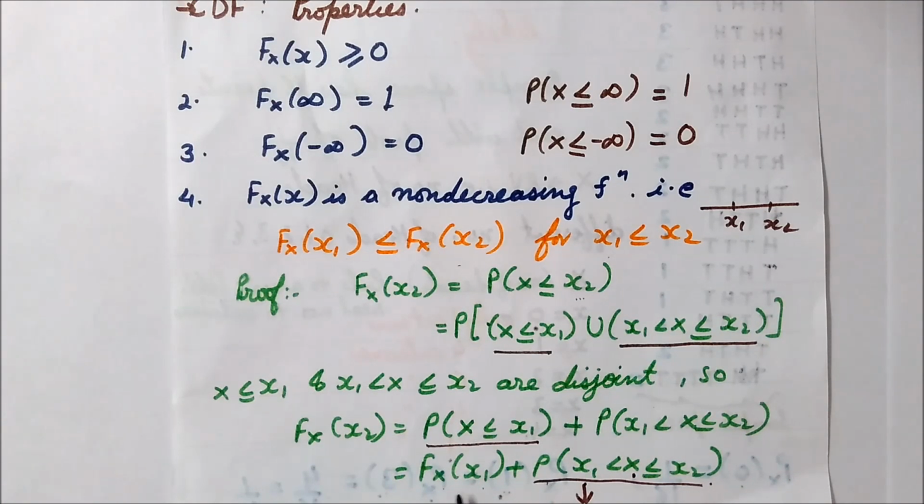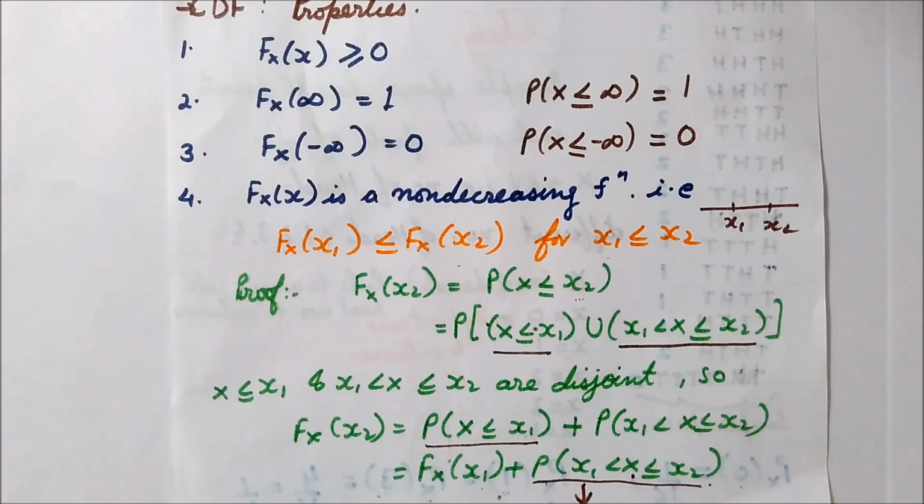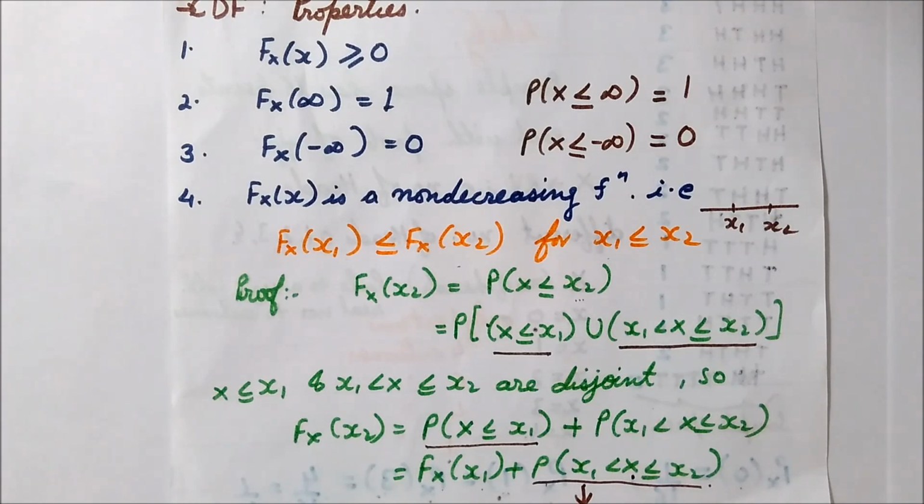And we know that this whole term is positive. So we see that Fx of x2 is greater than Fx of x1 by this quantity. Hence it is proved that Fx of x2 is greater than or equal to Fx of x1, where the equal sign will come when x1 and x2 are equal. It is very clear from this.